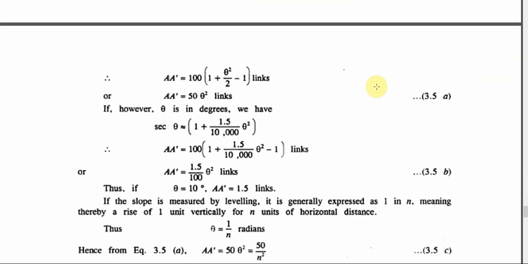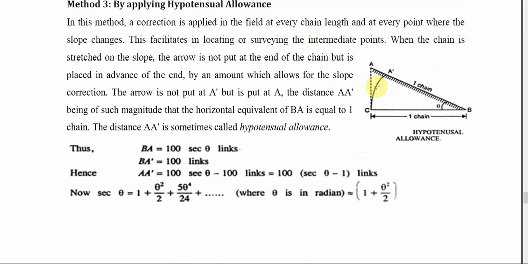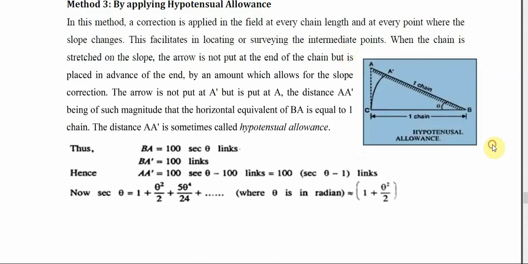So to calculate the hypotenusal allowance, refer to this diagram, where BA dash is one chain length on sloping ground, and BC is one chain length in the horizontal direction.